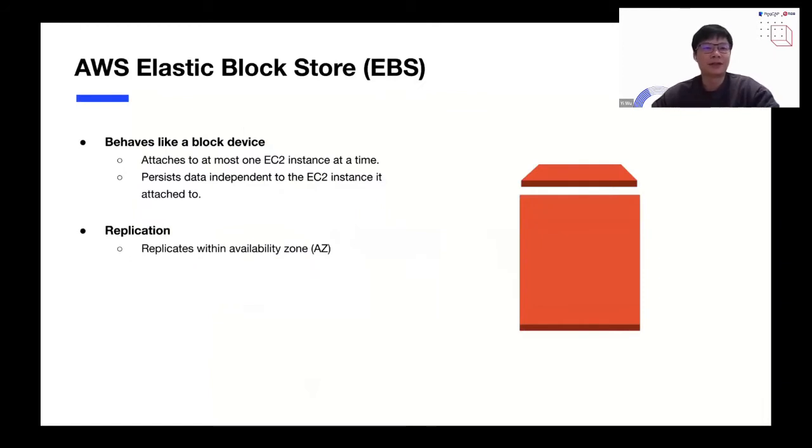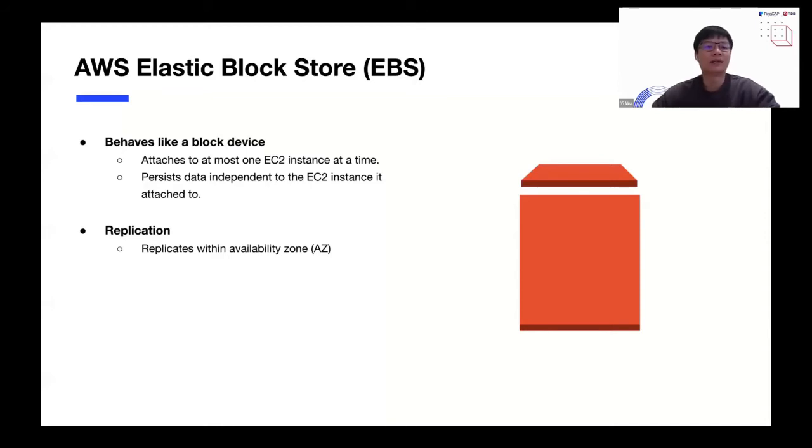EBS stands for Elastic Block Store, which is the cloud disk on AWS. It behaves just like a normal block device or disk, and an EBS volume can be attached to one EC2 instance as a disk. It has a nice feature that the data is persistent, independent of the EC2 instance, which means that when the EC2 instance fails, the data stored on the corresponding EBS volume is still there, and we can easily remount this EBS volume to a new EC2 instance, and the data is not lost.